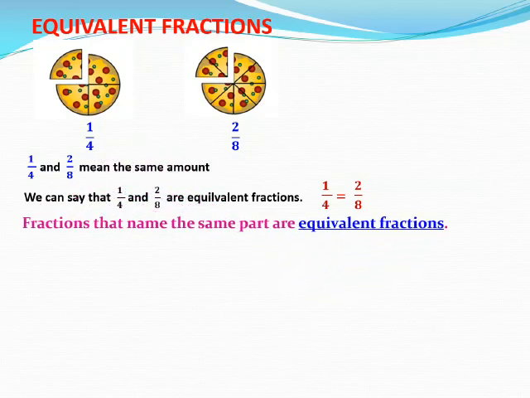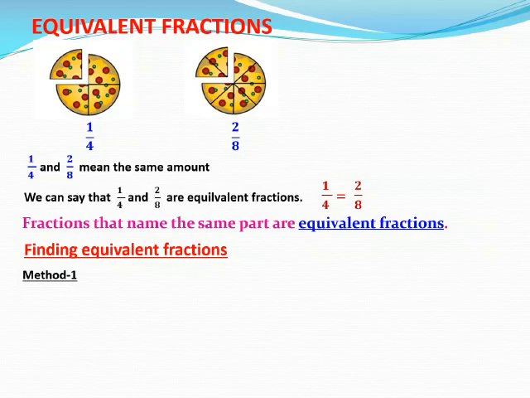Fractions that name the same part are equivalent fractions. Now, how can we find equivalent fractions if we don't have a figure? There are two methods. First method, let us see. From the above example only, 1 by 4 equal to 2 by 8.